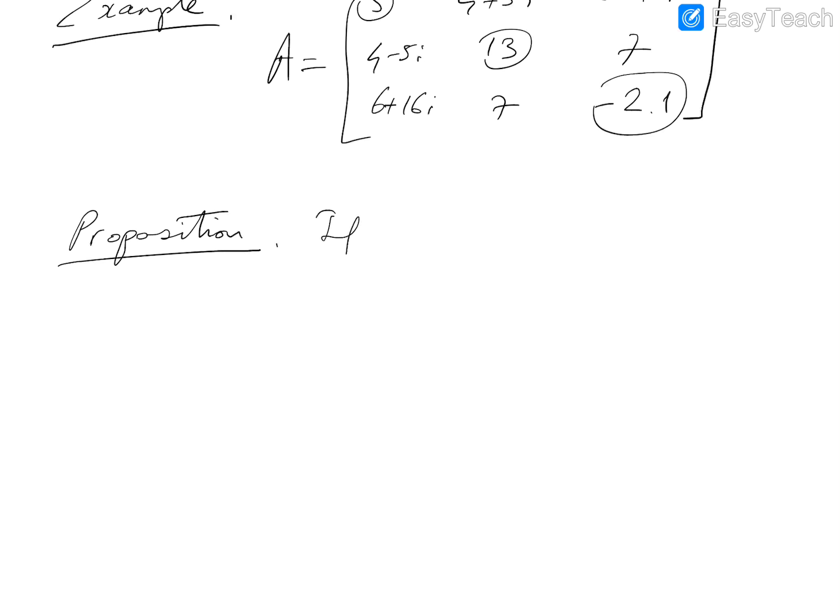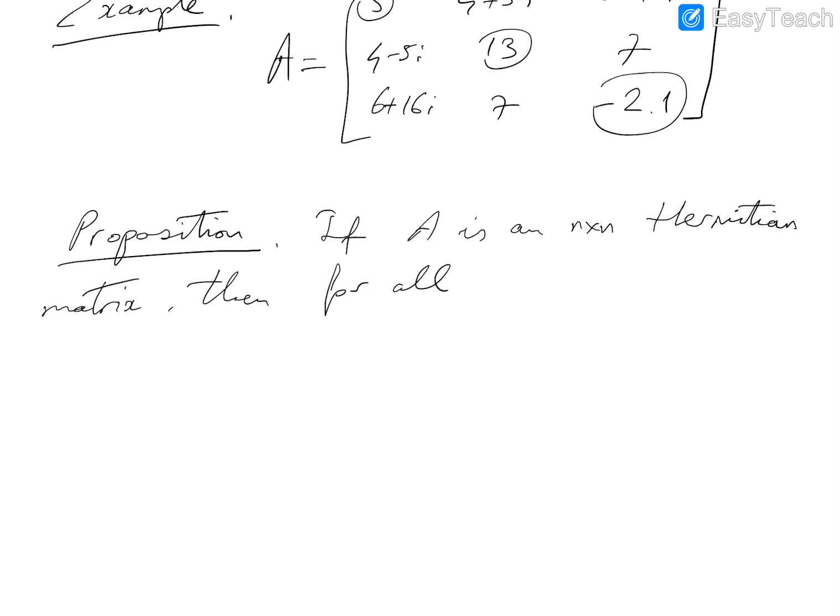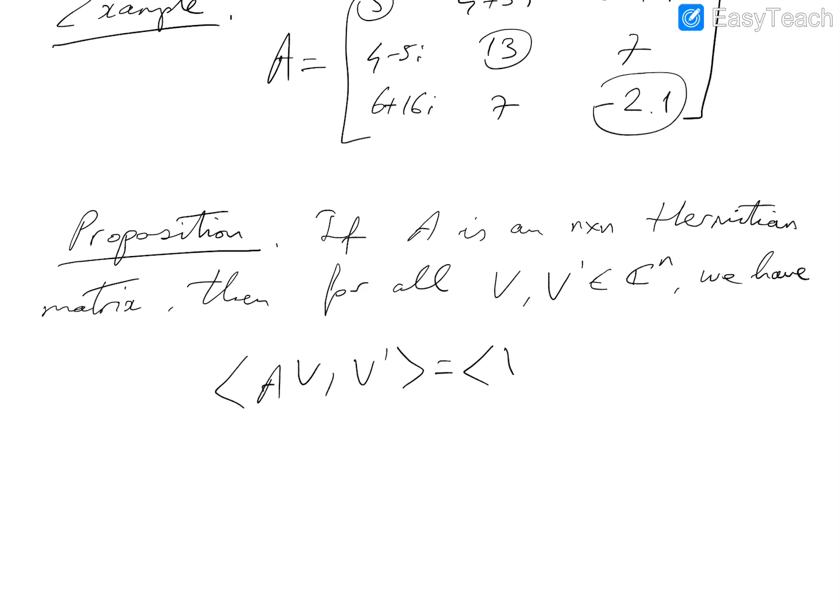So if A is an n by n Hermitian matrix, then for all n-dimensional complex vectors v and v prime in C to the n, we have the property that the inner product of Av and v prime is equal to the inner product of v and Av prime.